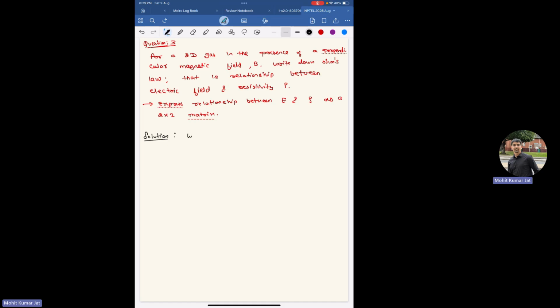We want the relation between electric field E and current density J, because J equals sigma E is Ohm's law, right? In linear transport, of course.